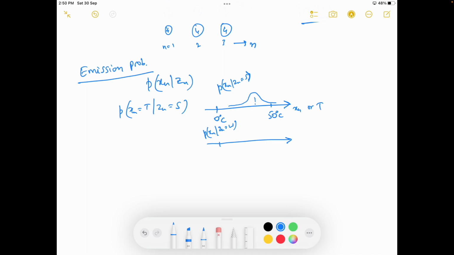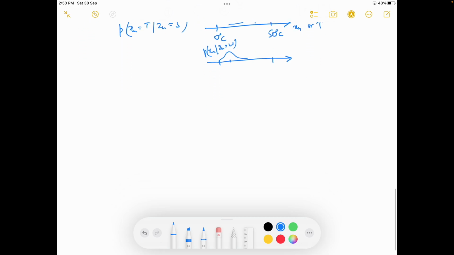In winters, how will it look? About 10 degrees Celsius, right? So something like this. I'm just giving you an idea of how emission probabilities look. Okay, good.